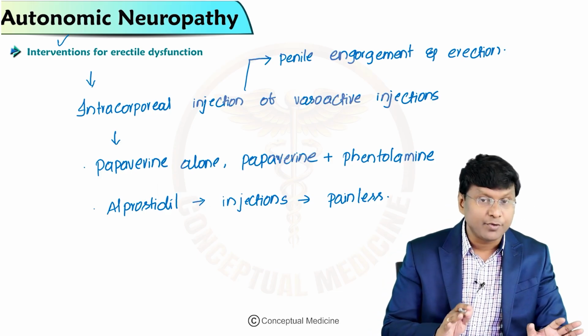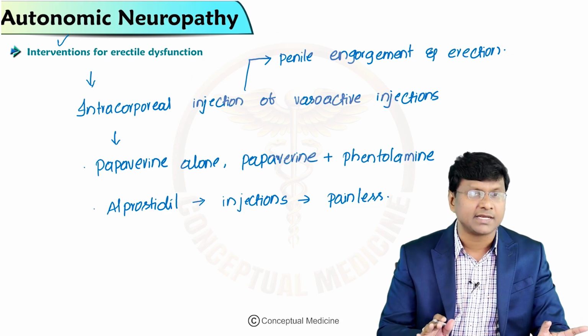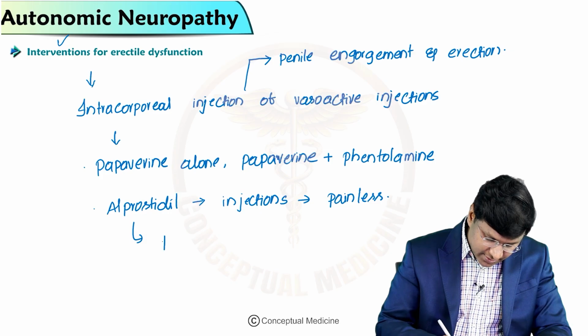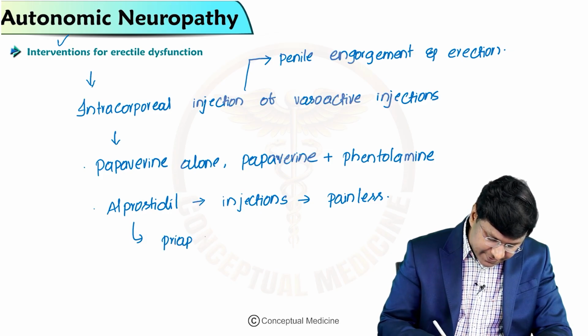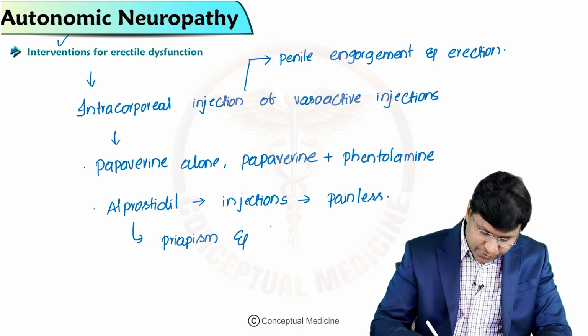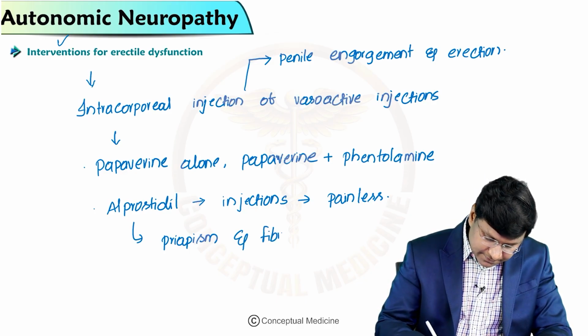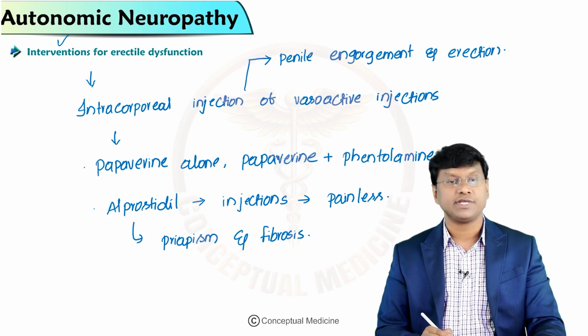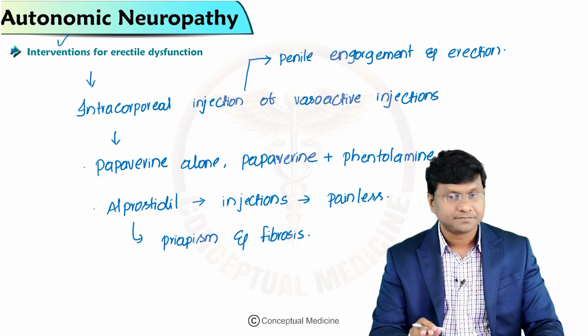The problem that can occur is that alprostadil can induce priapism and fibrosis. So these are the adverse effects associated with alprostadil.